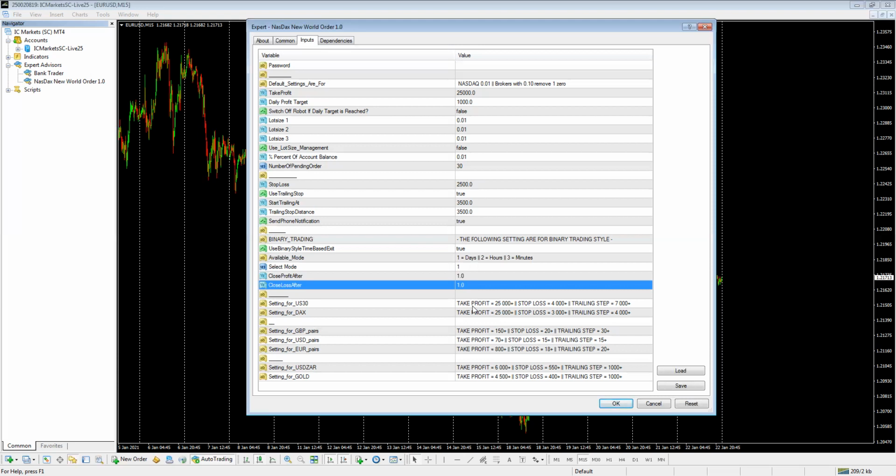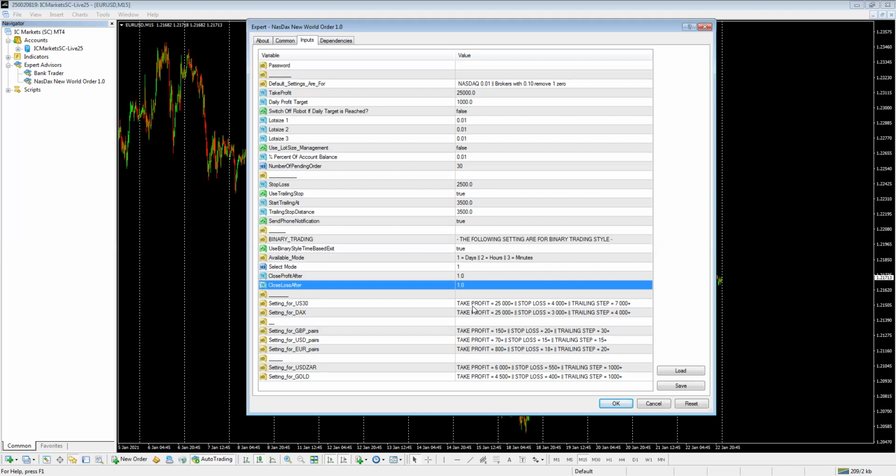So if that trade is moving in your favor, the robot will keep that trade running throughout the day. The trade will only get closed when the market is closing for the day, which is at 12 at night, if it closes at 12 on your side. When it closes for the day, that's the time that trade will be closed. Whether it's in profit at that time or in loss, it will close at that time.